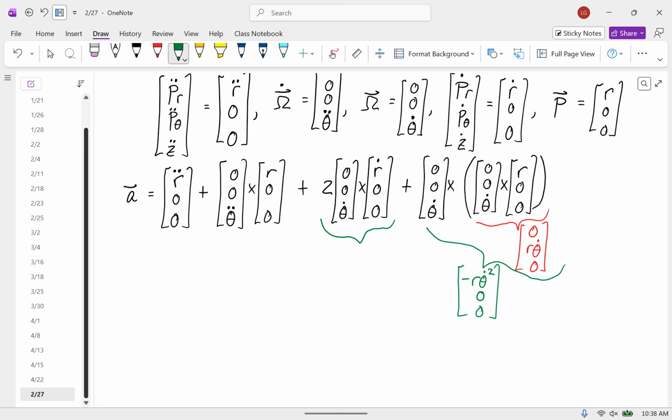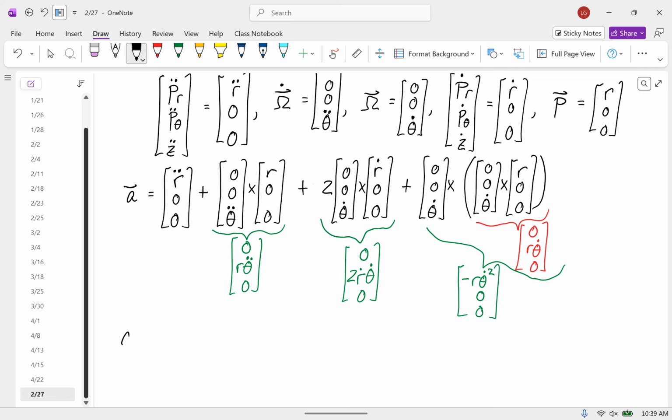Okay, so this, we have a double negative in the y direction, and then don't forget to multiply by the 2. So we have 0, 2 r dot theta dot, 0. And then this one, we have a double negative, and in the y direction, we have r theta double dot, 0.